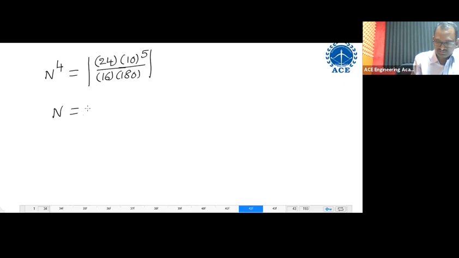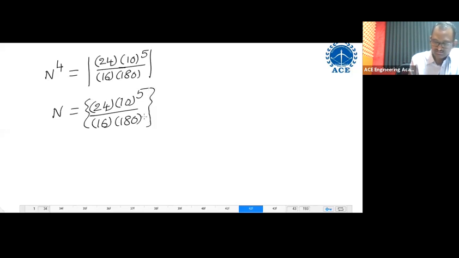So from this, n is equal to (24 into 10 power 5 divided by 16 into 180) whole to the power of 1 by 4.